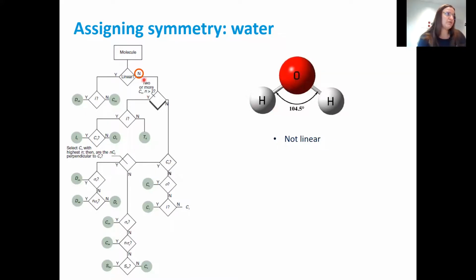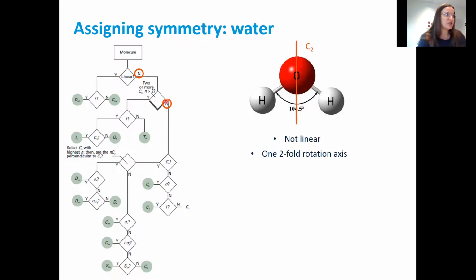Do you have two or more Cn with n higher than 2? Now, when you look at this symmetry, this arrangement of the molecule, if you want to flip this into this, it is a 180 degree rotation. So it's one C2 axis in the molecule.